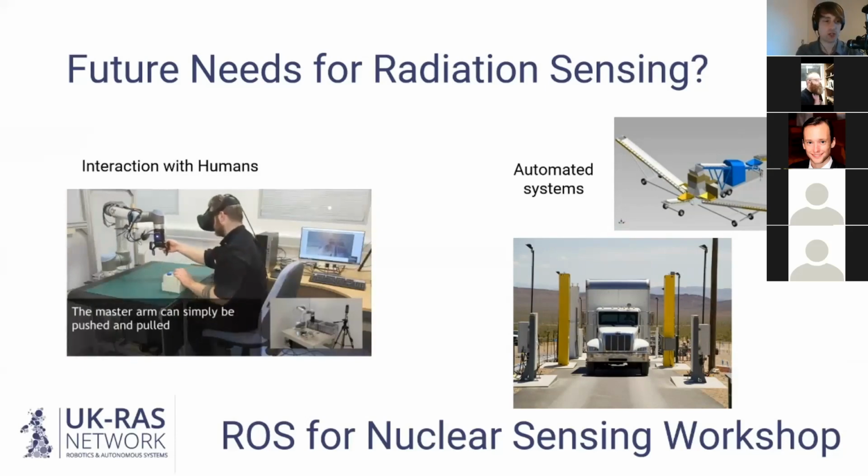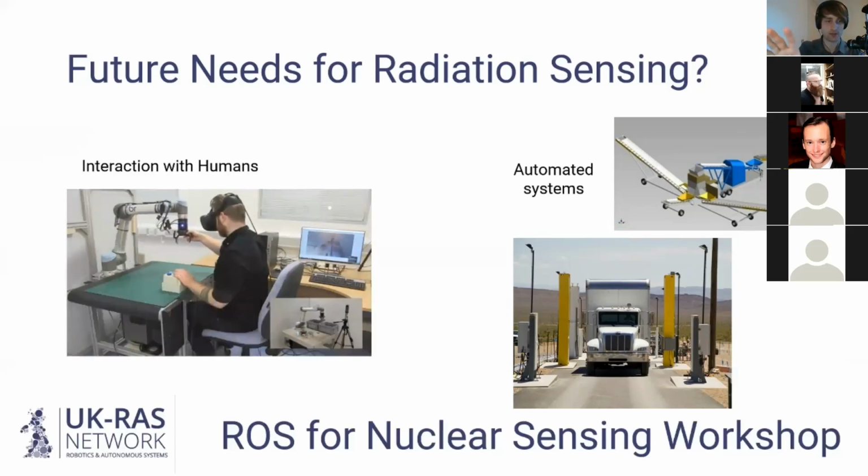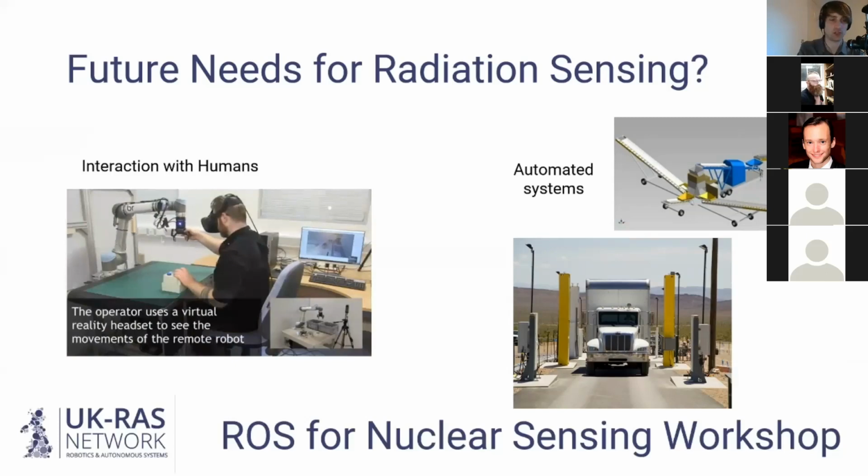So that radiation information could be really useful for an operator to know what's radioactive, what's not radioactive, how can I sort and segment that waste based on the task that I'm trying to do.